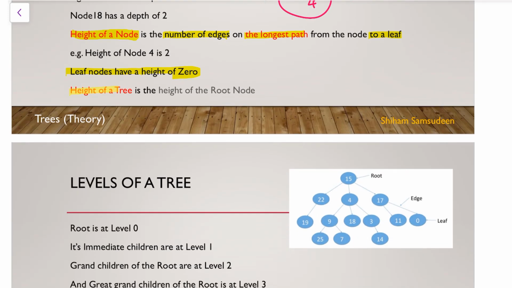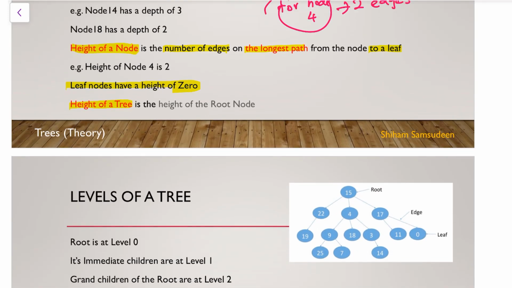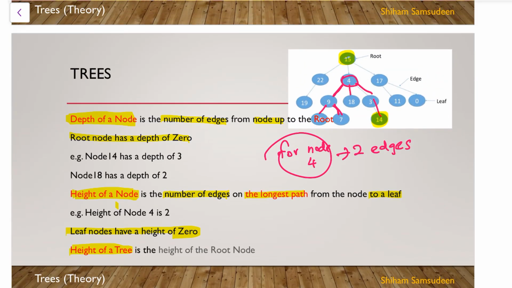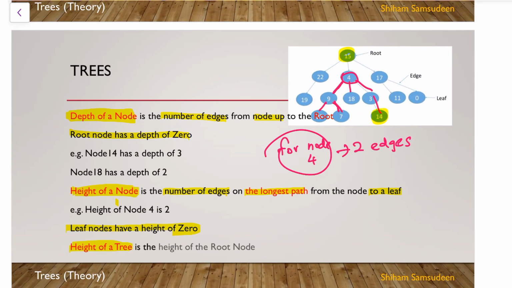Okay, and then the height of a tree. Previously we talked about height of a node. Here the height of a tree is the height of the root node. So what is meant by height of a tree is, you will have to find out the height of the root node. So start here, right? So you have to find out the maximum number of edges to the leaf, right?